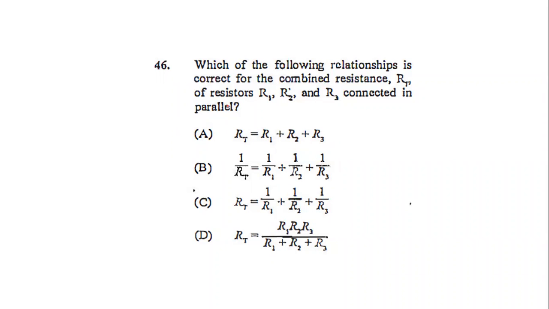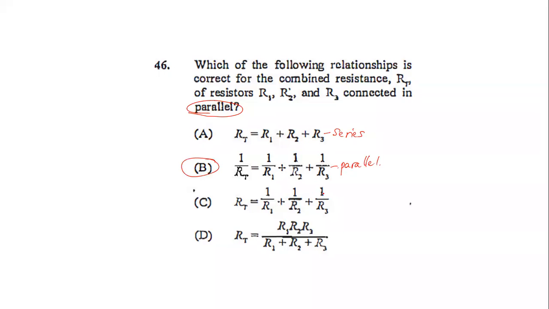Let me just highlight a word here. It is in a parallel circuit, all right? That's the first thing you should know there. This formula here is for a series circuit. So the answer there is B, which is a parallel, to calculate the resistance of parallel.